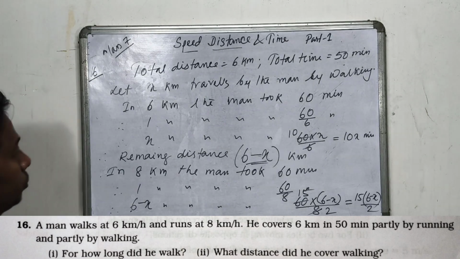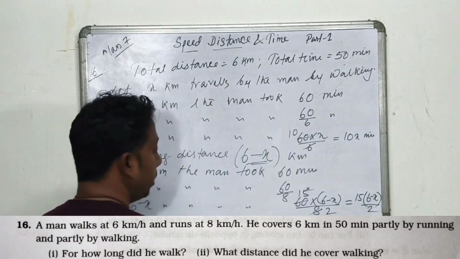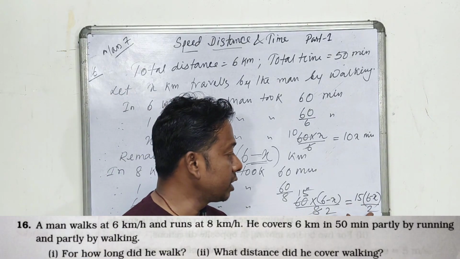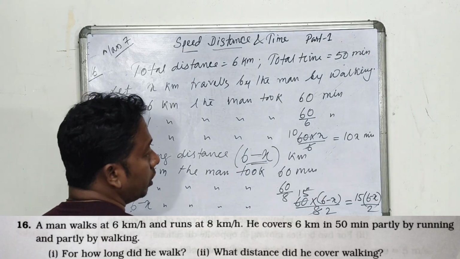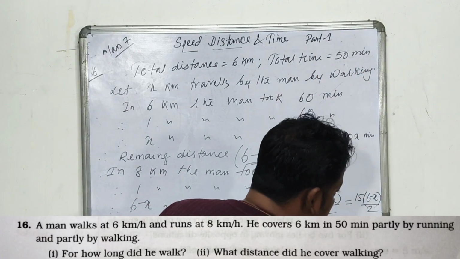Okay, so by walking he took 10x minutes, and by running the man took 15 into 6 minus x by 2 minutes. According to the question, the sum of these 2 times equals 50 minutes.